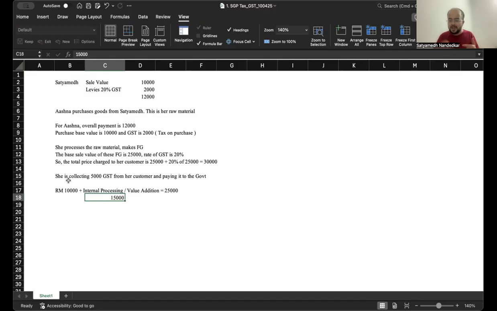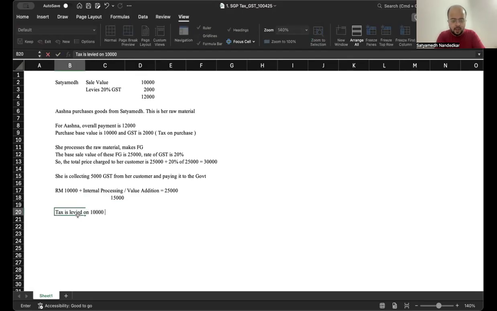So don't you think there is tax being levied on the same item again and again? On this 10,000, there was tax levied once, 2,000, then 10,000 plus 15,000, total value of the final product is 25,000. On that again, tax is being levied. So tax is levied on 10,000 twice.